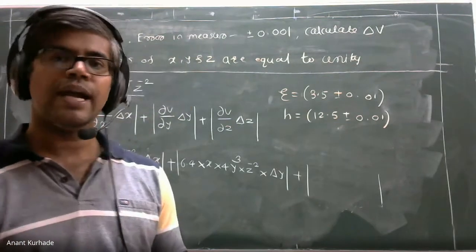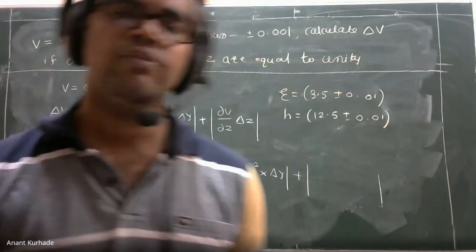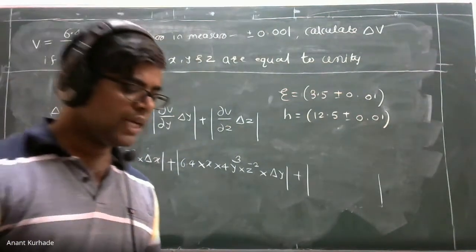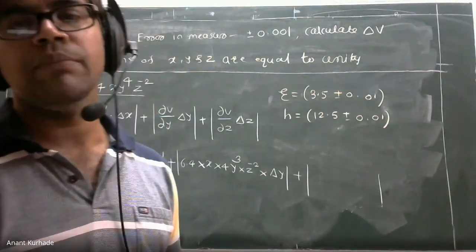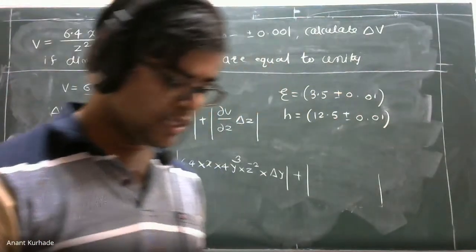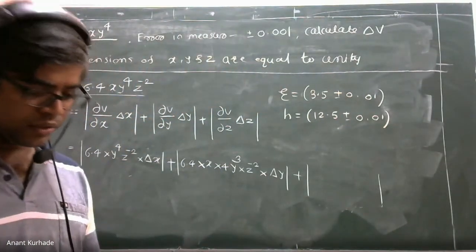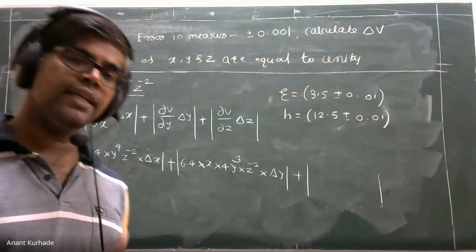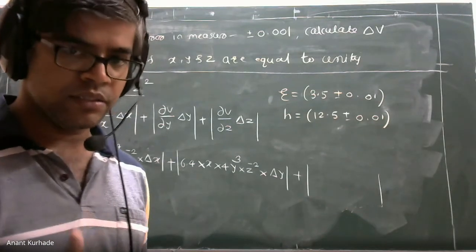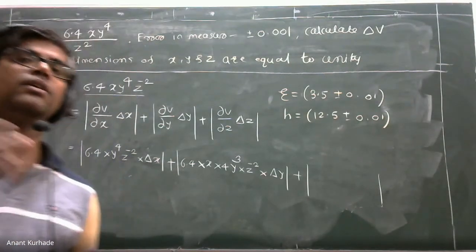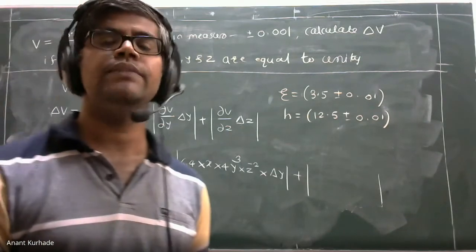Initially, change the mode and always fix the calculator to 4 decimal places, because we are giving 5 to 10 minutes for each problem, each numerical. So your numerical should be correct from the beginning, because each and every step is very important.